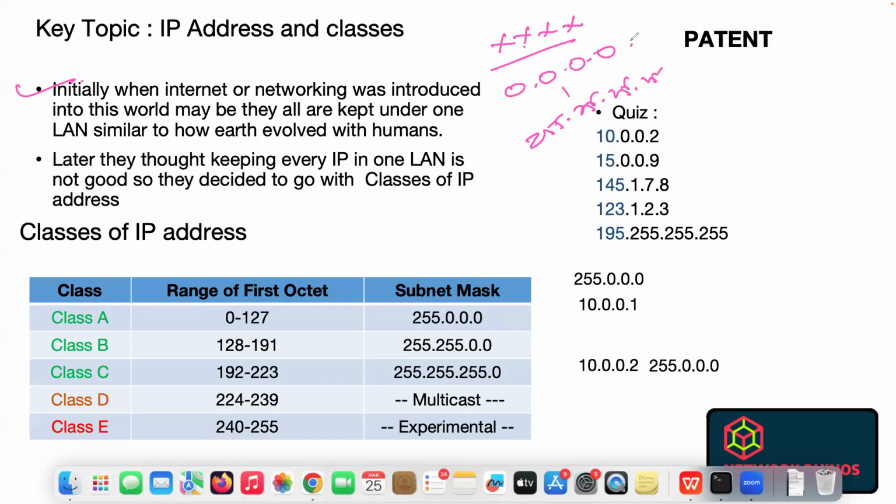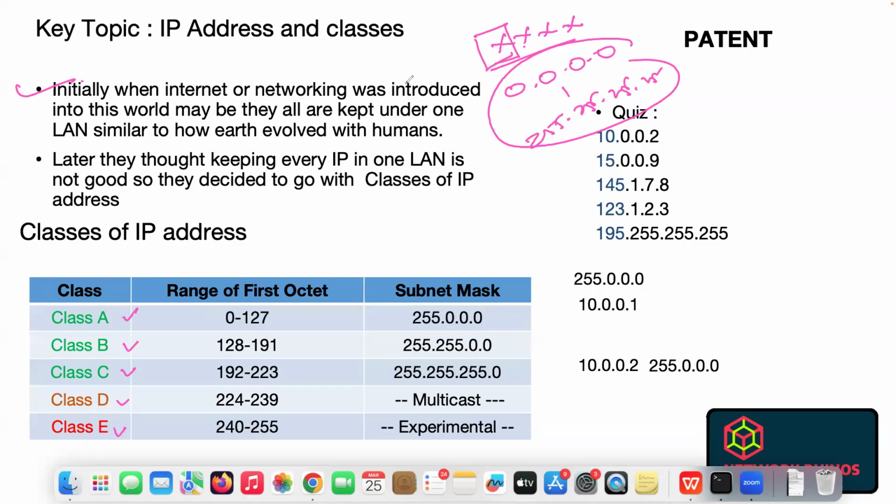So initially, the entire range from 0.0.0.0 all the way to 255.255.255.255 was part of a single network. Later on, we divided them into 5 pieces: class A, class B, class C, D and E. Based on the first number, we divided them.